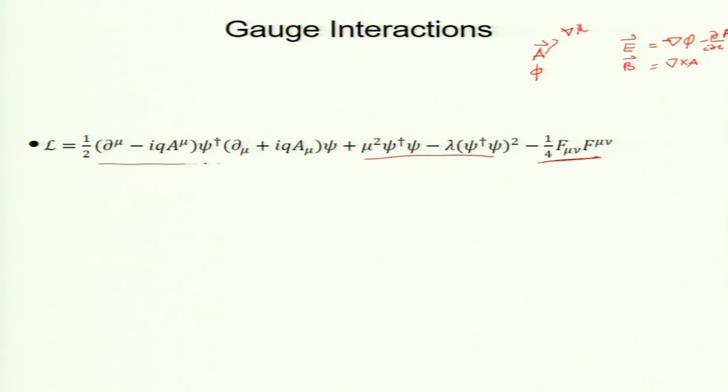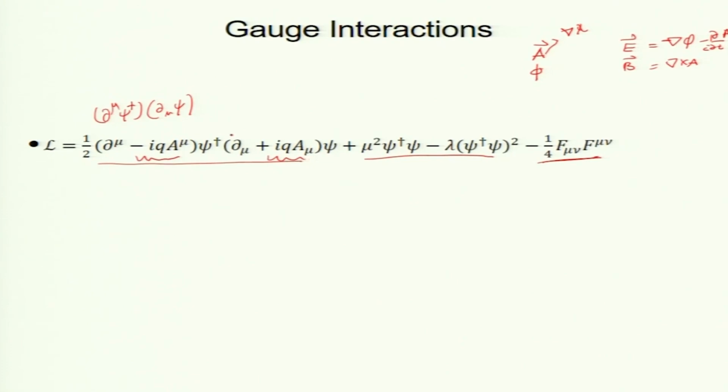Now, in this some of it you may recognize, right, del mu psi dagger, del mu psi, this is what I wrote before, no. So, what changes did I bring? I have added minus iQ A mu on the left and plus iQ A mu on the right.